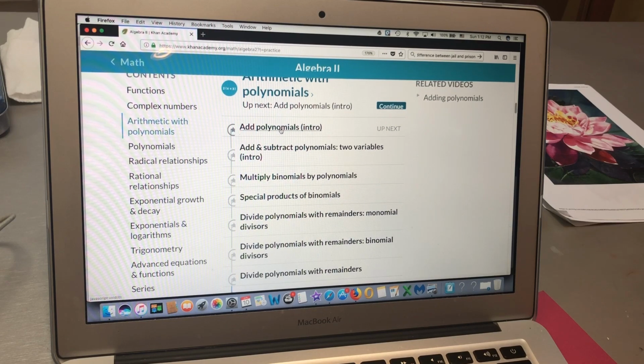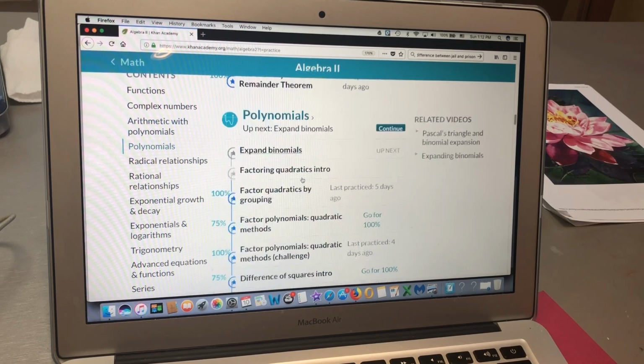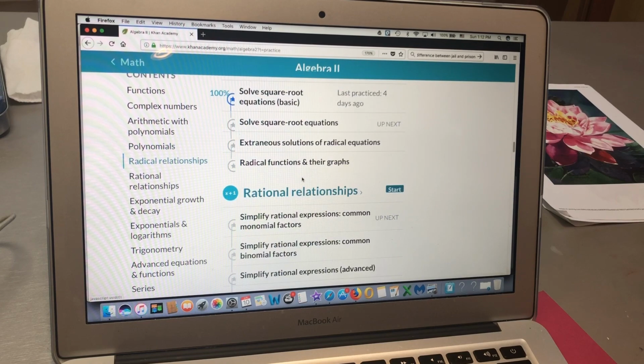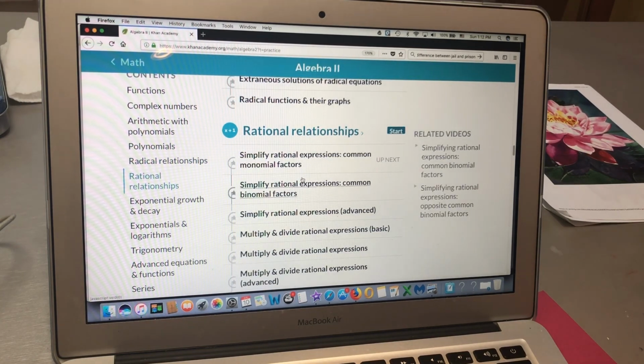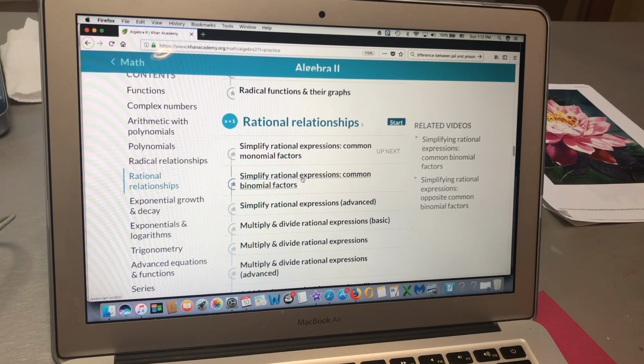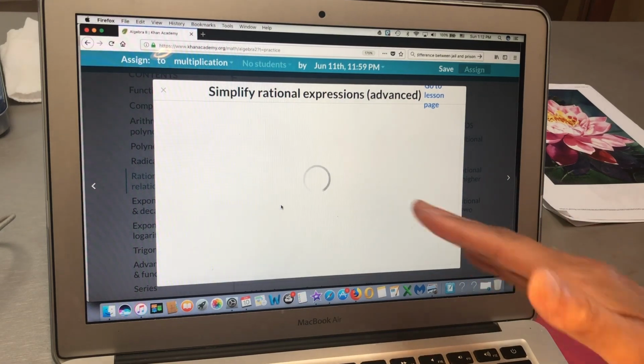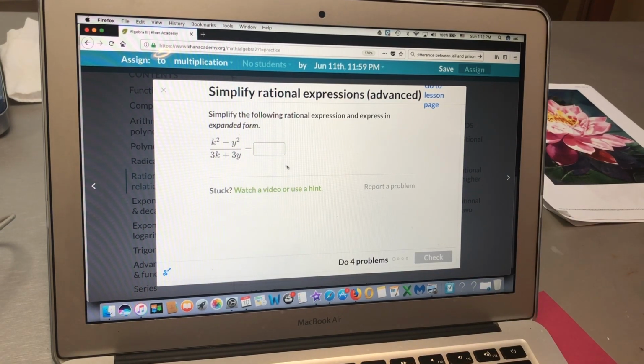Add polynomials, yes, it's quite tedious. Polynomial and rational relationship. It's interesting, but it just needs a lot of symbols when you type it in.